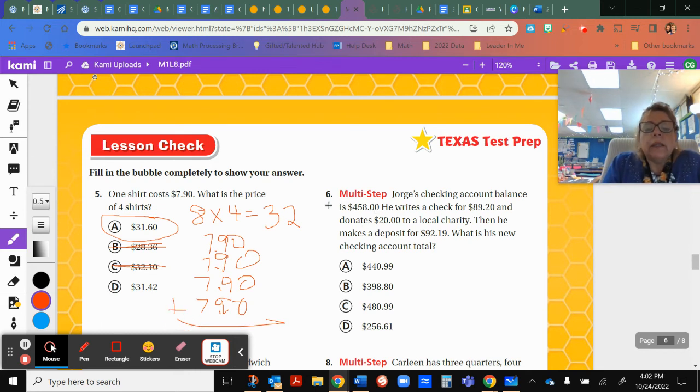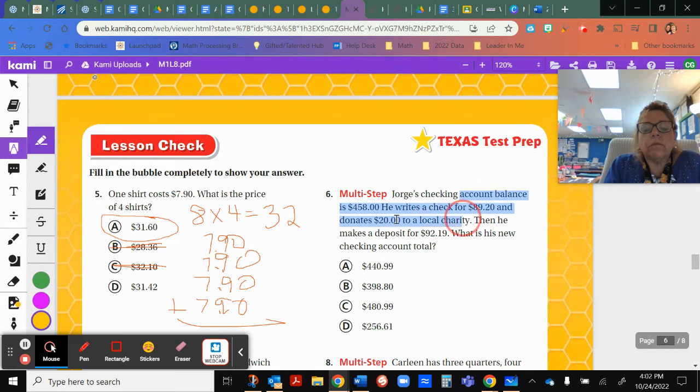Okay. Number 6. Jorge's checking account balance is $458. And he writes, let me go back to my highlighter. His account balance, $458. Way to go. But he writes a check for $89.20 and donates $20.